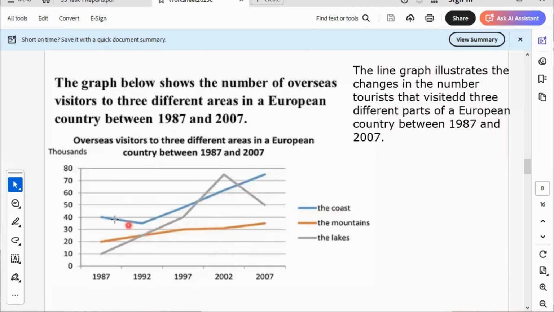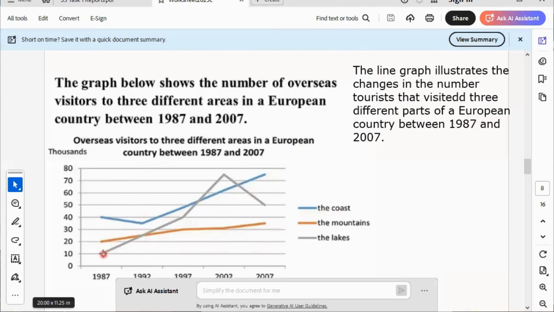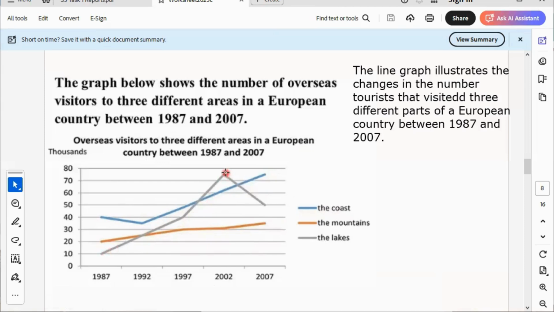Another person can say the number fluctuated. For the gray one, visitors to the lakes, it increased, and then after 2002, it reduced. That's a kind of fluctuation, just like the blue. And the mountain increased throughout. So to write my overview, I can report fluctuation for the blue and the gray, and for the red one, I will report increase.